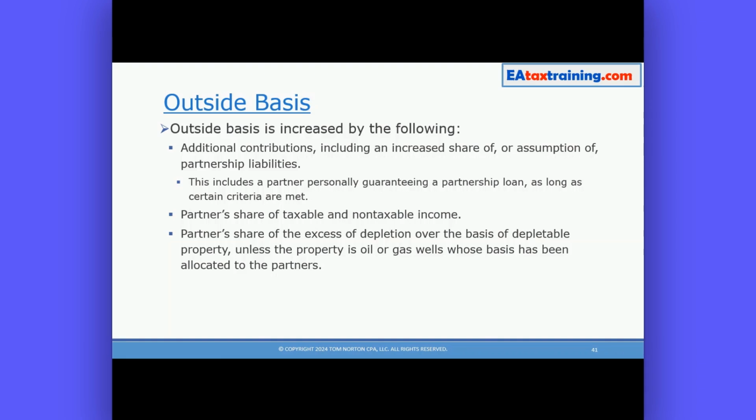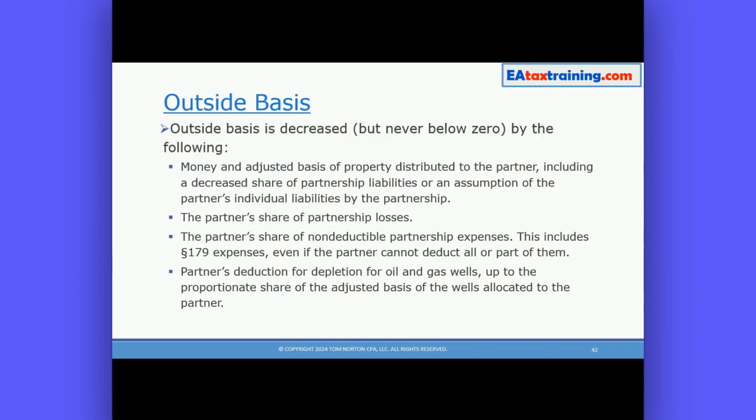We're not going to go into the details of that. Just remember it's on the list. Excess depletion increases outside basis. So, what decreases outside basis? The following items do, although never below zero.